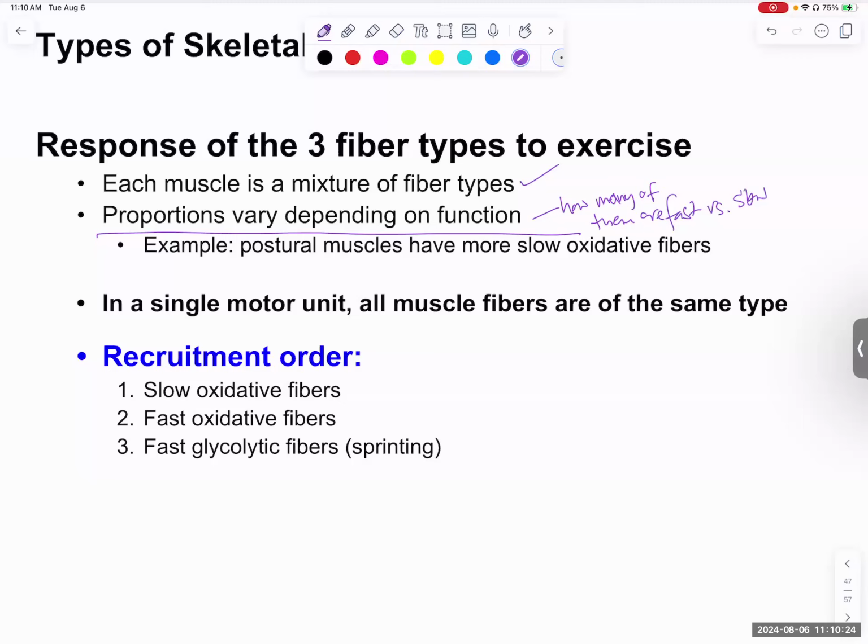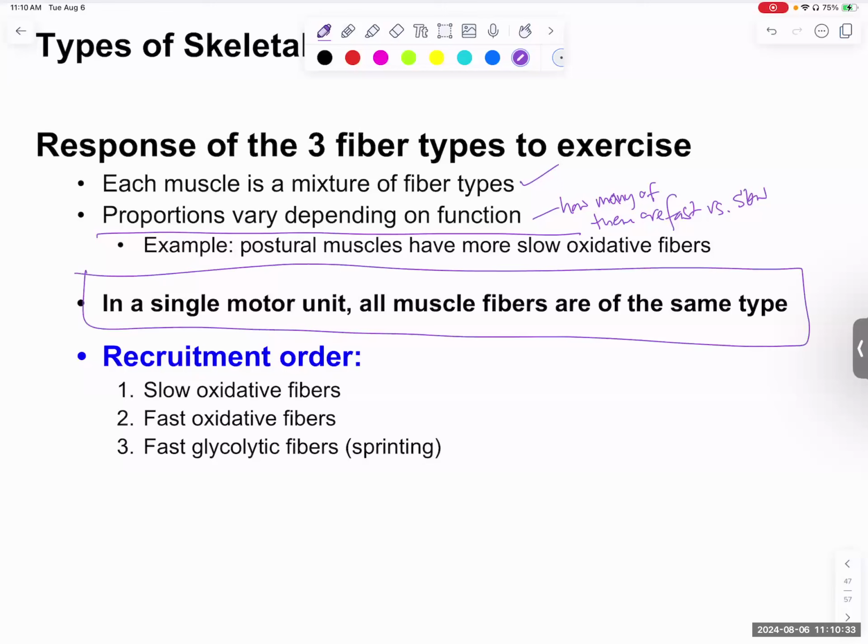So some muscles are dominated by slow twitch fibers and some muscles are dominated by fast twitch fibers. In a single motor unit, all of the muscle fibers are the same type. So if it's a fast muscle fiber, the motor unit's all fast, or all slow.